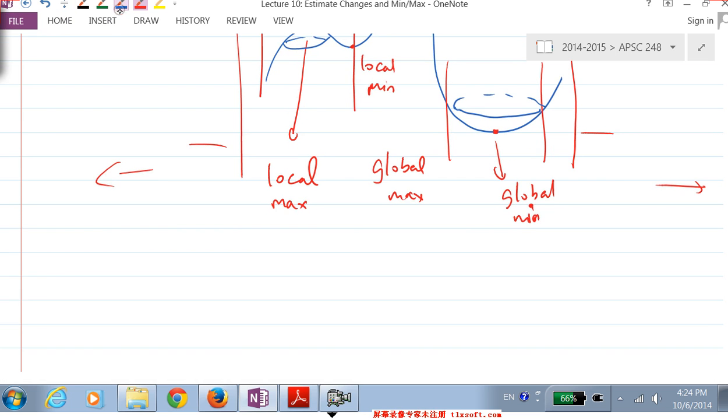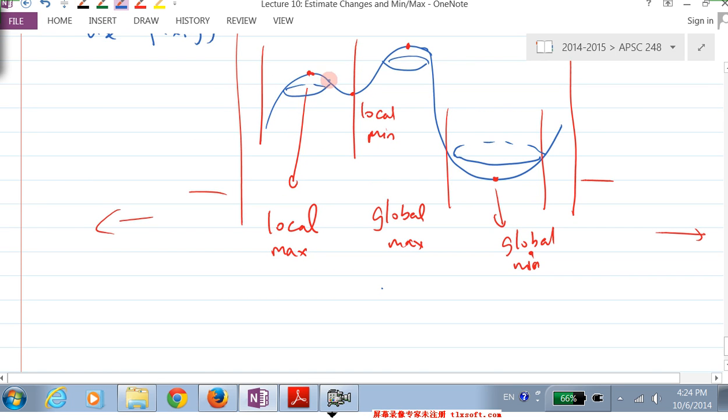So now the next question is, how do we find those locations? It doesn't matter whether it's a local or global min or max. As we learned from the gradient vector, at these locations the gradient vector will all be 0.